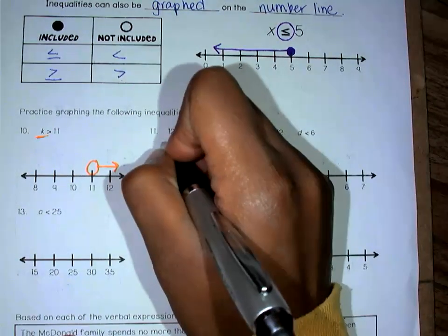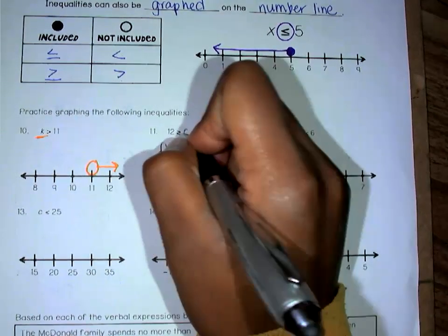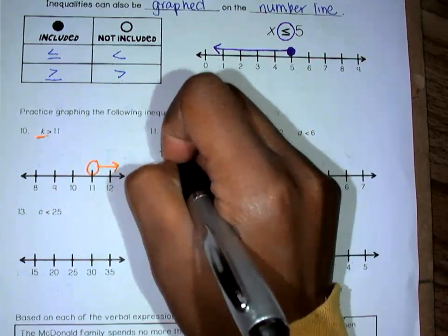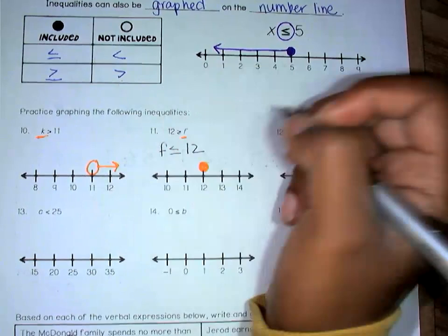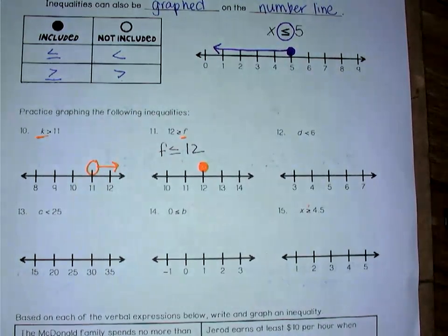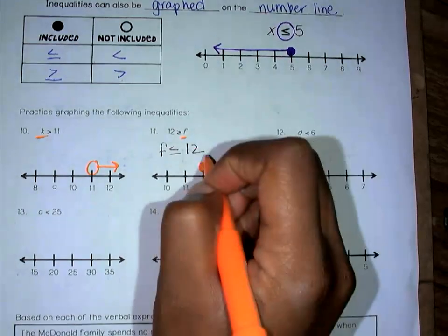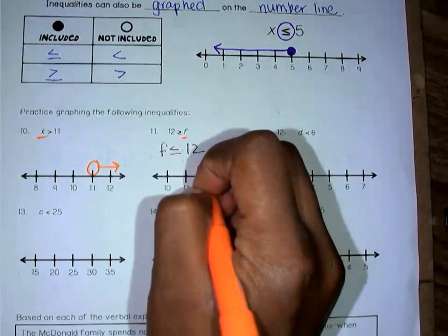So now you have F, flip the whole sign. It was greater than, now it's less than or equal to 12. You have to do this when you have the variable on the right side. You have to flip the whole entire problem. So now it says F is less than or equal to 12, and this is less than, so it is going this way.